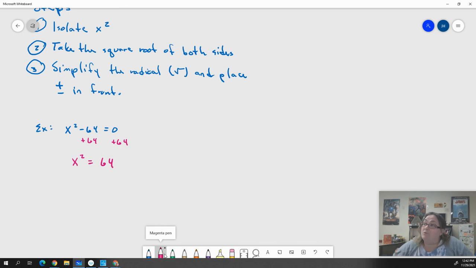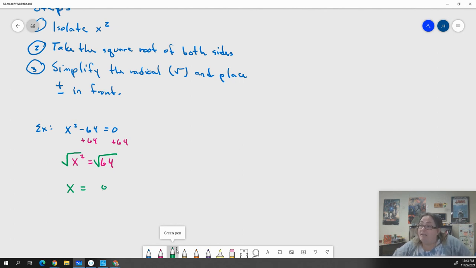Now it says take the square root of both sides, right? We're going to take the square root here and the square root here. The square root of x squared, well, that's x times x, so it just equals x. That's why we do it. The square root of 64, well, that's kind of an easy one because 8 times 8 equals 64.